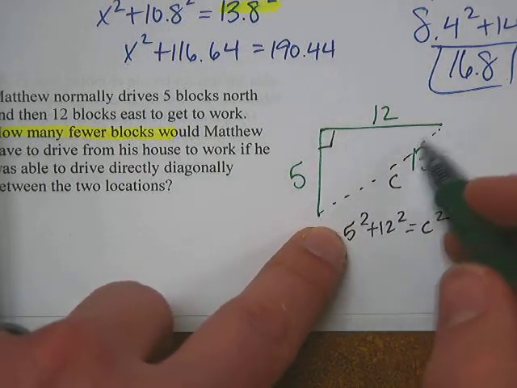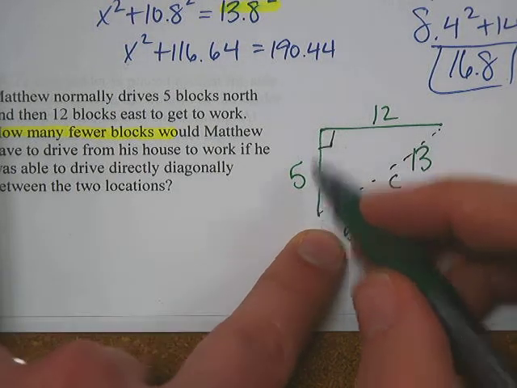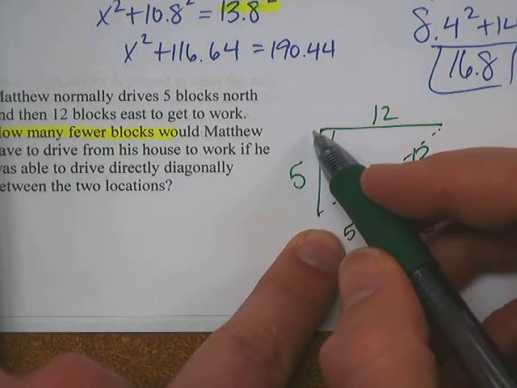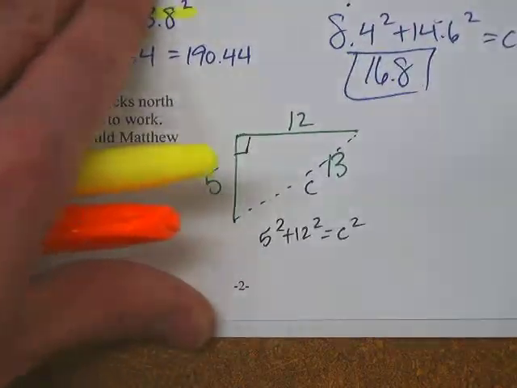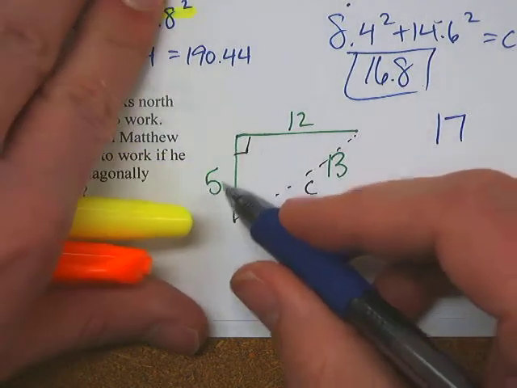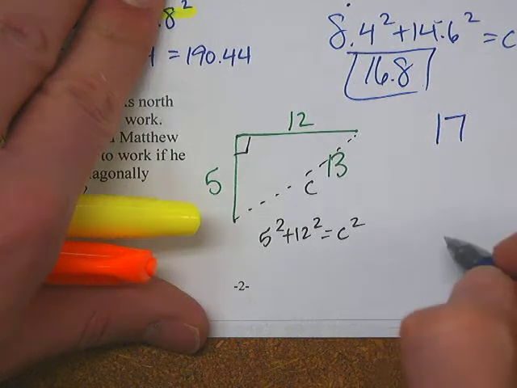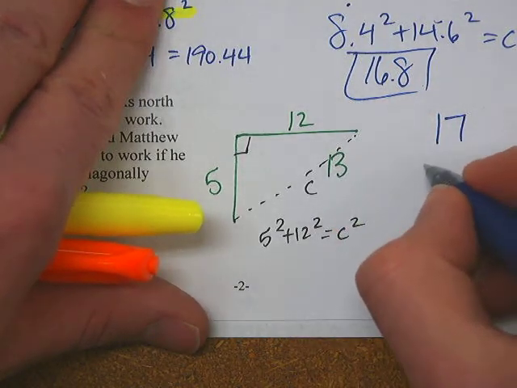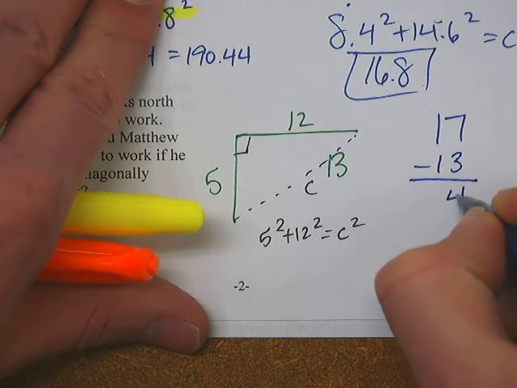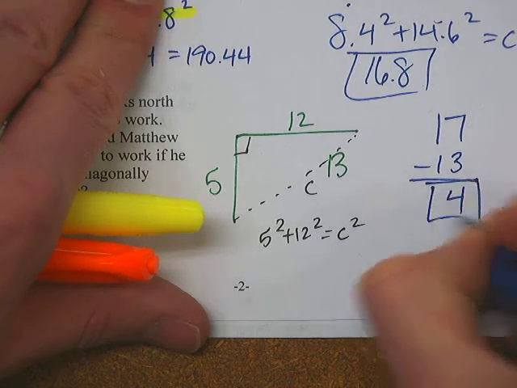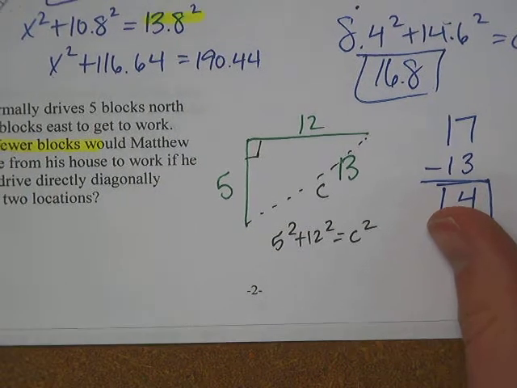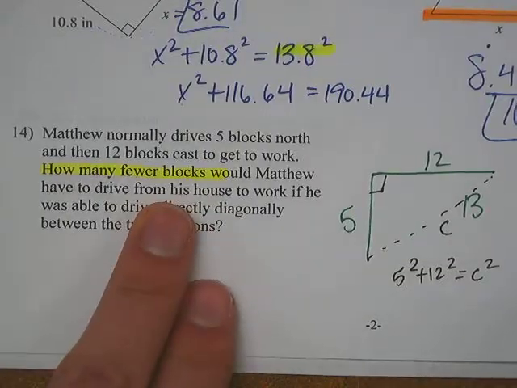So 5 squared plus 12 squared equals, let's call it c squared. 5 squared plus 12 squared, I'd take the square root of that. So this distance is 13. Okay, but here's the thing. It didn't ask what that distance was. It wants to know how many fewer blocks would that distance be. So I need to add these two, because what he normally does is he drives 5 blocks, then 12 blocks.